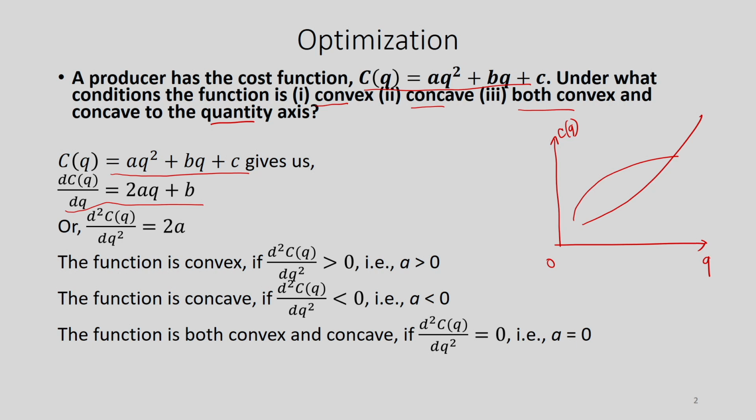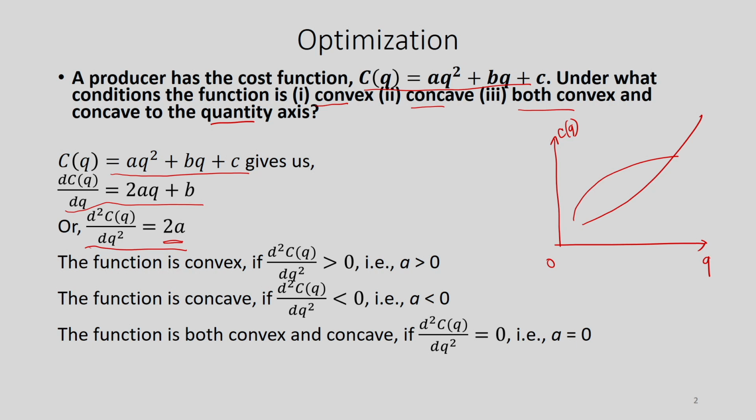I am just using the power rule. a and b, remember, are constants, and from the first derivative I can differentiate once more, and I will get the second derivative, d squared C(Q) over dQ squared, and that will simply be 2a. So, this is something we have found out.